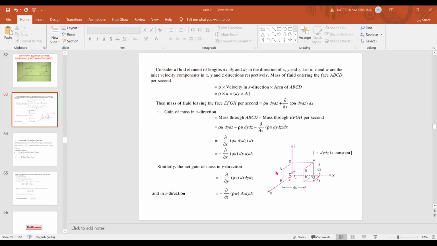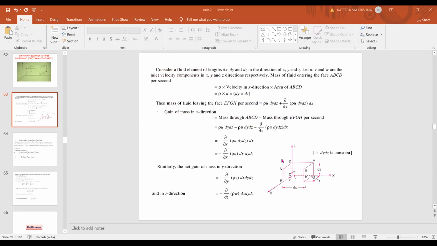Then at the outlet, let us assume we get only 1 kg coming out. So 1 kg is left inside, kept in this volume. So 2 kg fluid is entering and 1 kg is coming out, and the remaining 1 kg is occupied by this volume inside.